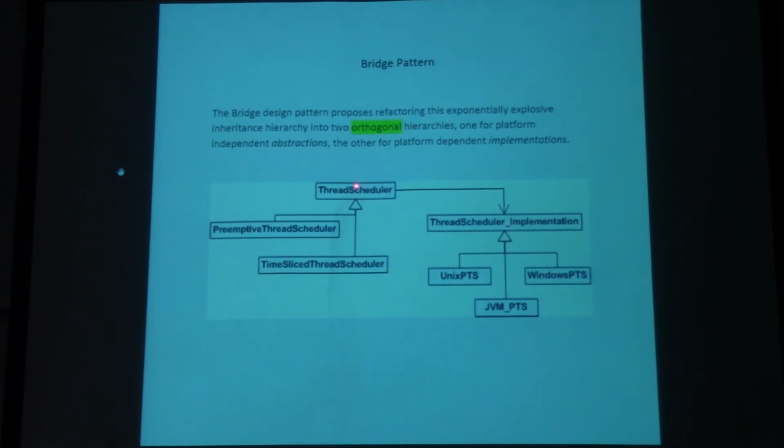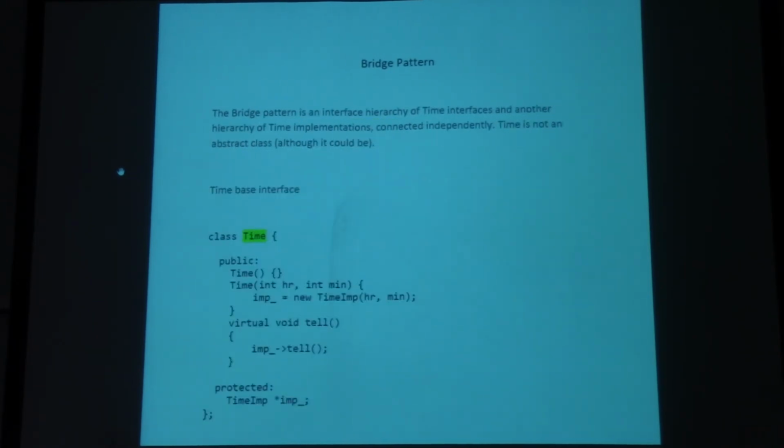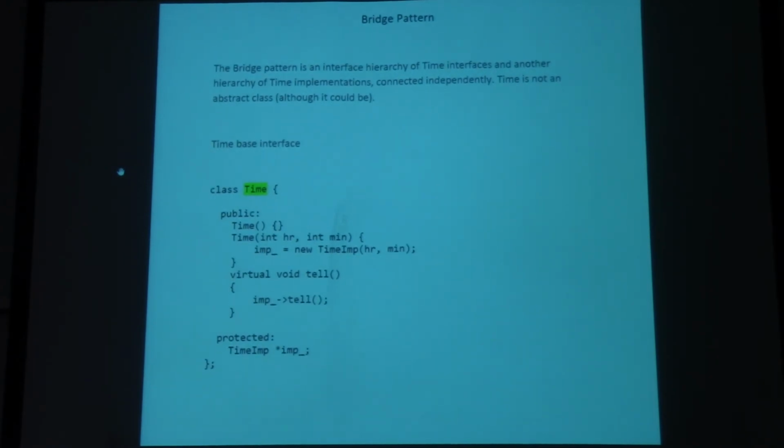So the thread scheduler will depend on this, and it will be implemented here, and then we will implement the implementations only once on the platforms as they're being subclassed here. So let's take a look at how we could do a bridge pattern. It'll be a little bit more simple when you see it.